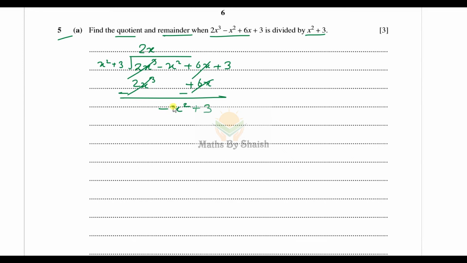Now the leading term is minus x squared, here it is x squared, so we get only minus 1, so we get minus x squared minus 3, and hence change the sign, these two cancelled and these two give 6. So the quotient is 2x minus 1 and the remainder is 6. I hope it is clear.